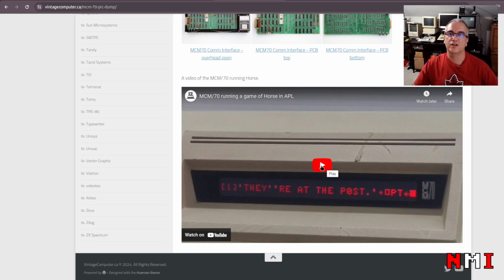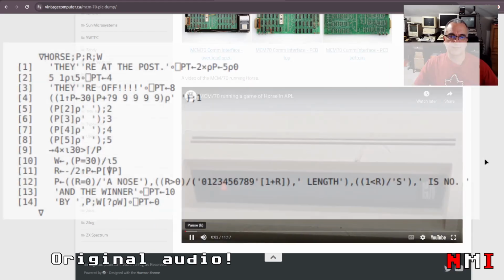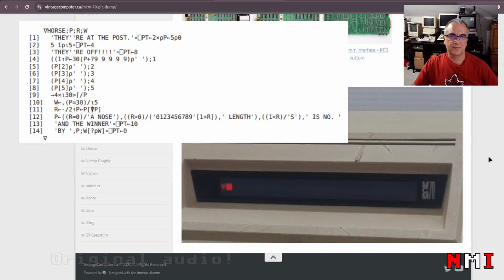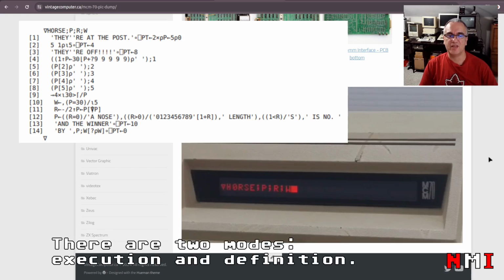So I'm gonna play the video quickly here. See, this is how you type in a program on the MCM, and this is APL. So the first line of the program.